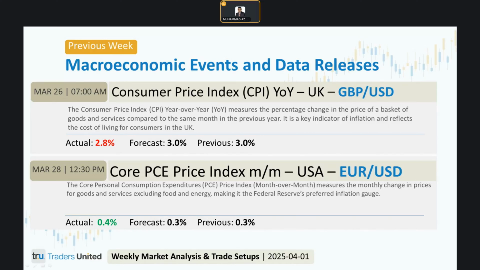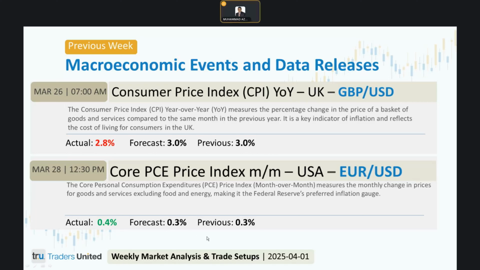The overall analysis: the March 2025 core PCE report showed that inflation was slightly hotter than expected at 0.4%, which should have strengthened the US dollar. However, the market reaction suggests that traders may be focusing more on Fed forward guidance and broader market sentiment, which led to Euro USD continuing its upward movement.